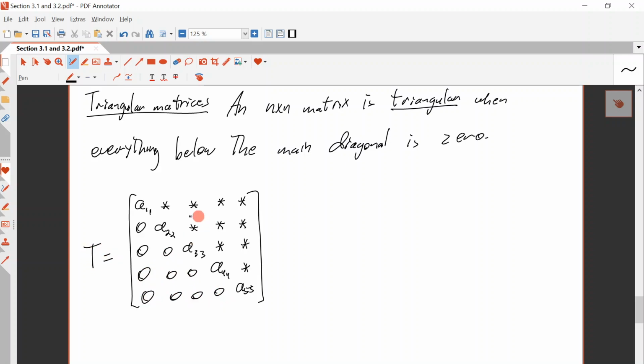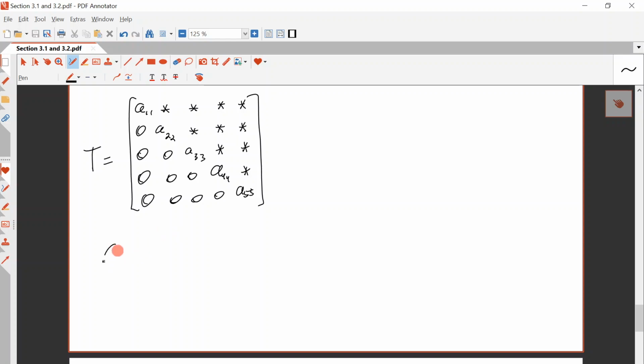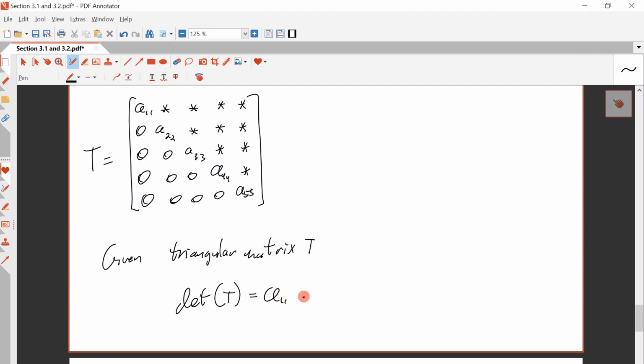So we'll call this T. And when you have a triangular matrix, the determinant of T is just the product along the diagonal. It's A11, A22, A33, ANN. It's just the product of the numbers along the diagonal.